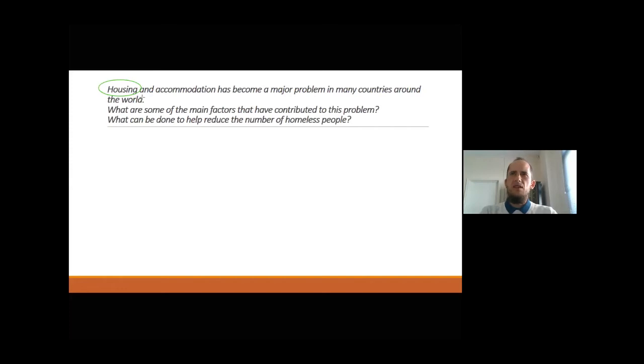what could be accommodation? What is meant by accommodation? If it's not housing, what could it be? Apartments are housing, flats are housing. What could be accommodation? Can you give me a concrete example of what could be accommodation?